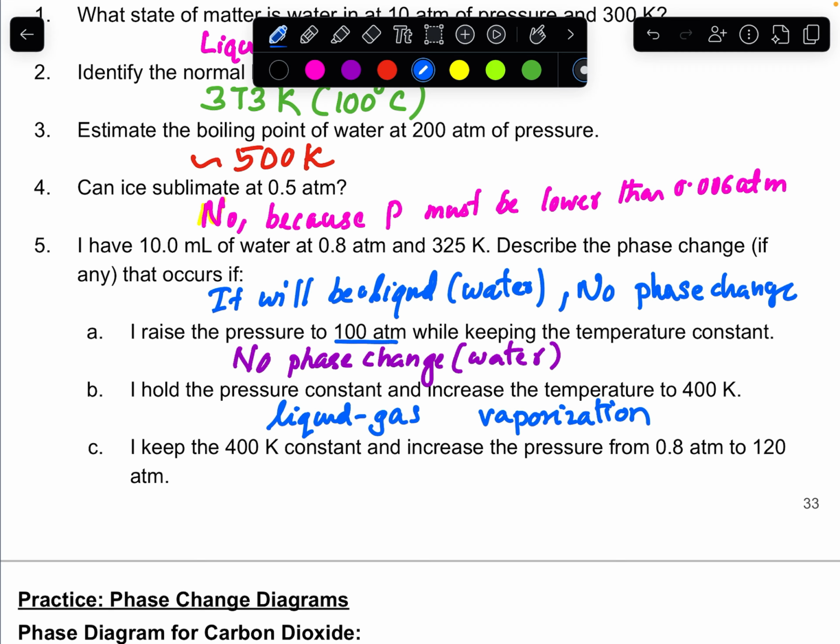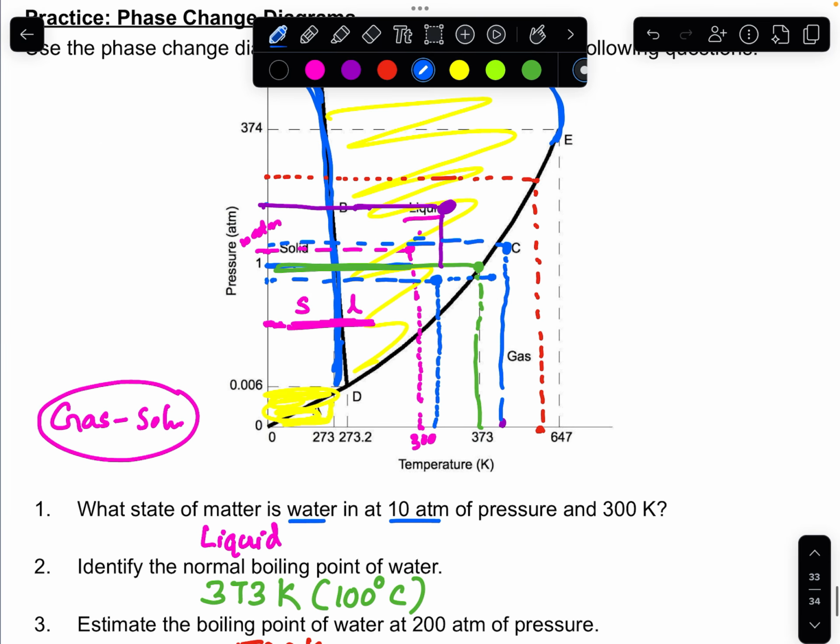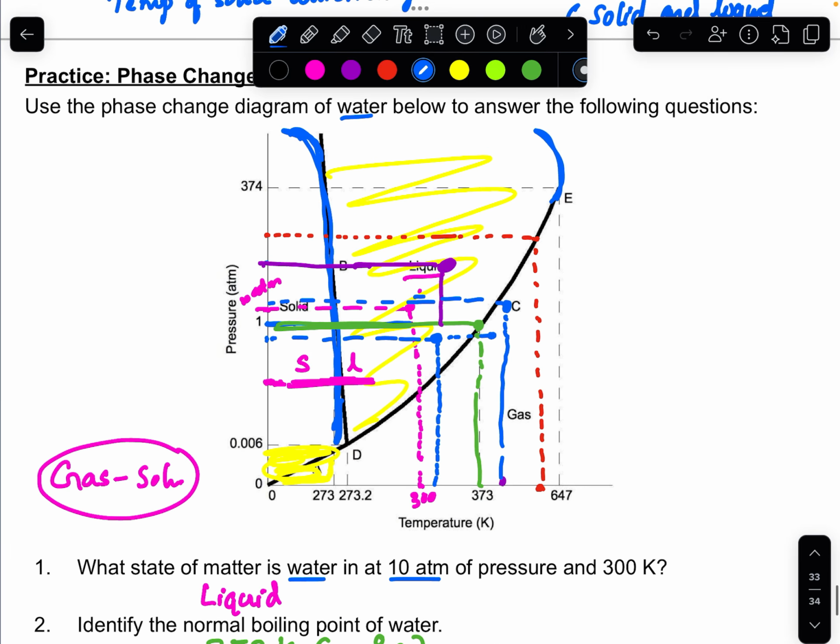If I keep 400 K constant and increase the pressure from 0.8 to 120 atm. Wow. So we are here. Temperature is 400, pressure is increasing to something like 120 atm.